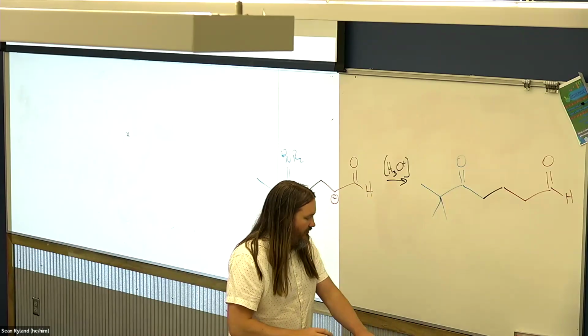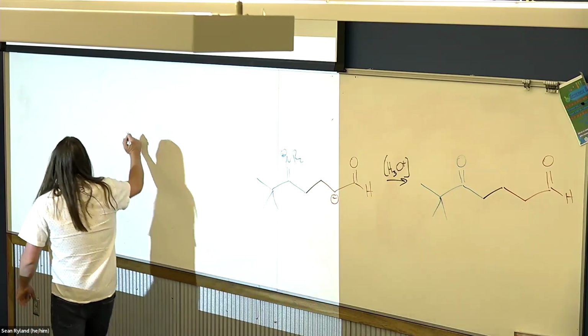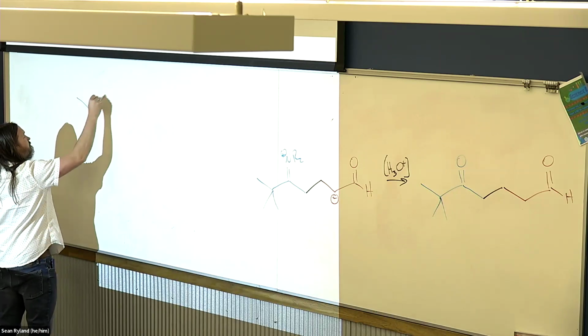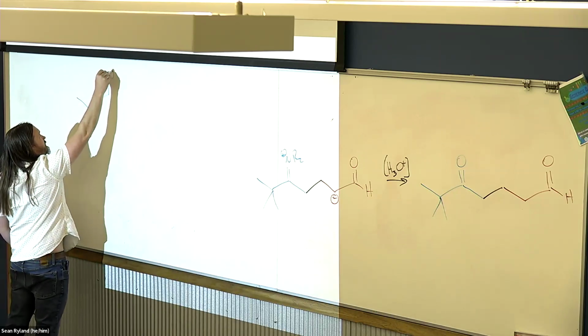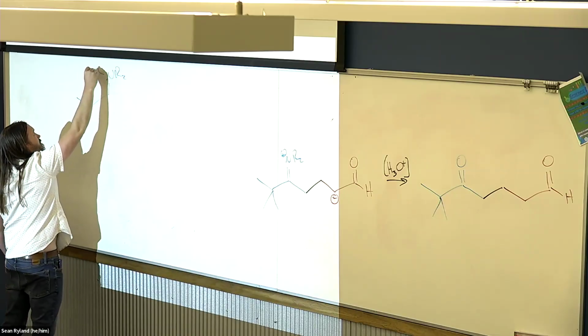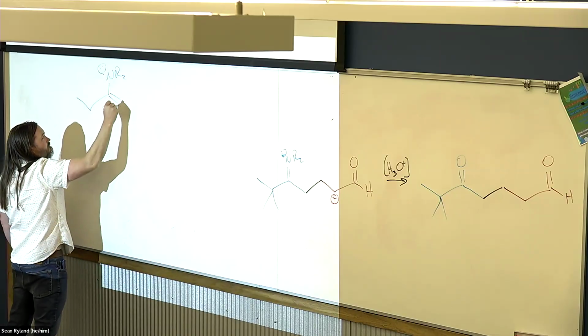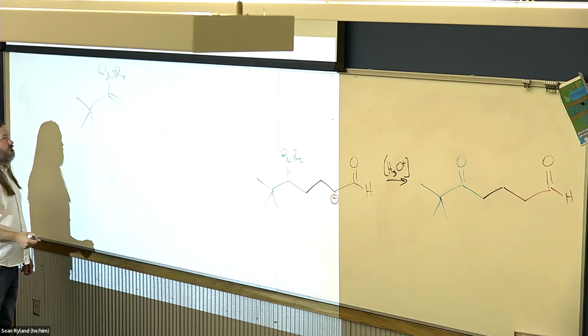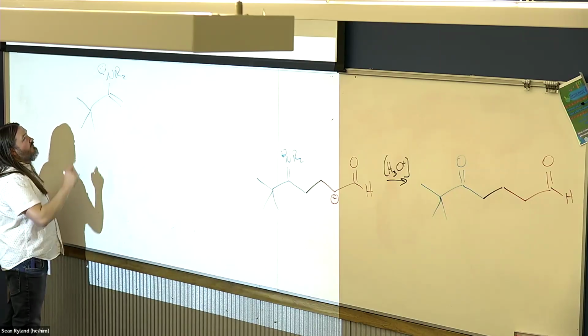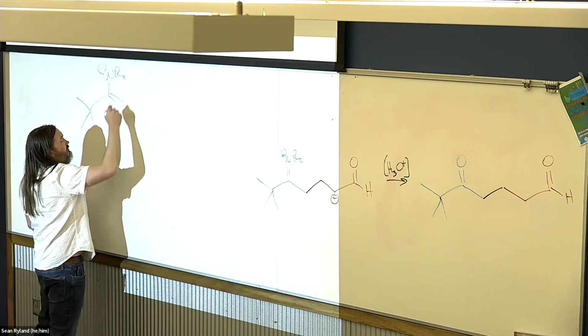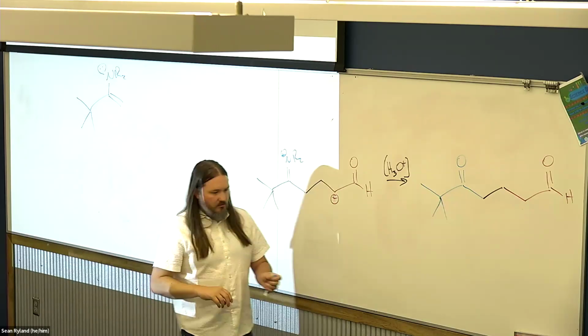So when we have an enamine, enamines look like this, right? So if this is what our molecule looks like, the resonance structure is going to look like this.